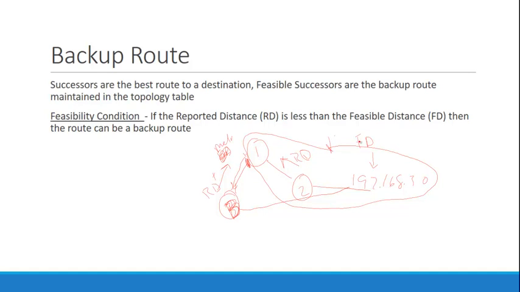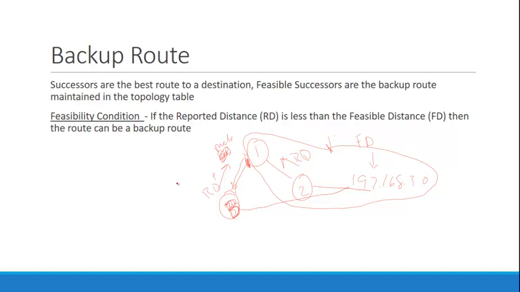Now, how do we figure out if this guy, even though it's not the best feasible distance, could be a backup route? It has to meet the feasibility condition. The feasibility condition says if the reported distance is less than the feasible distance, then the route can be a backup route. Okay?